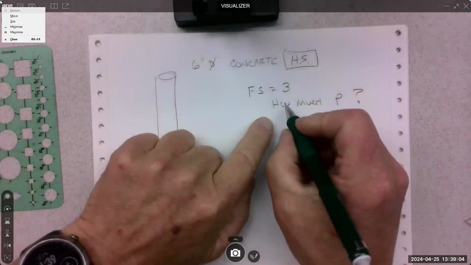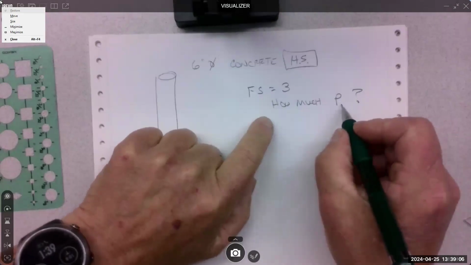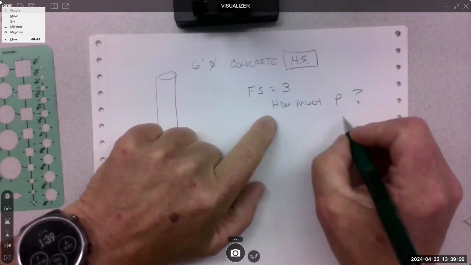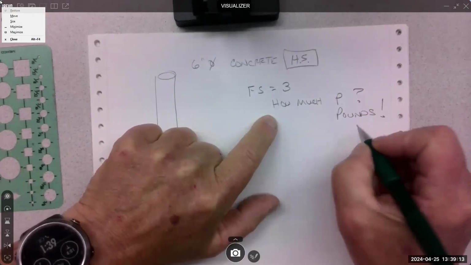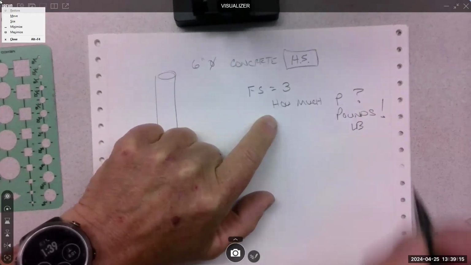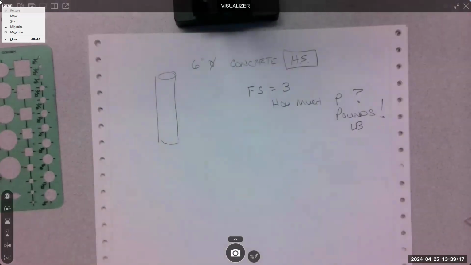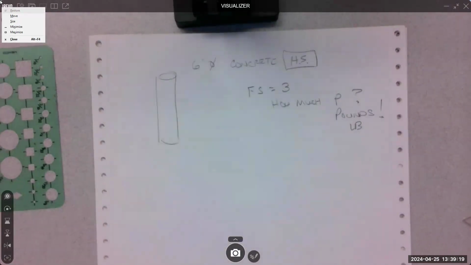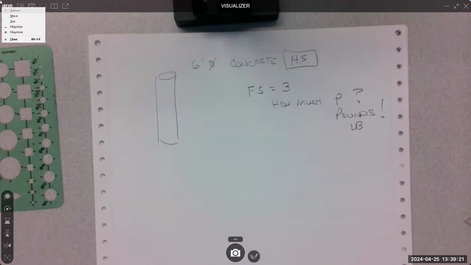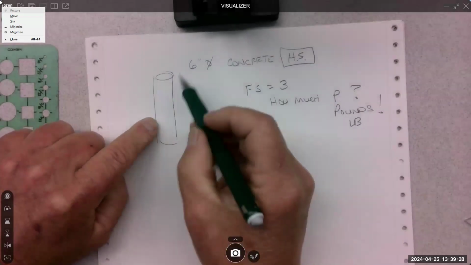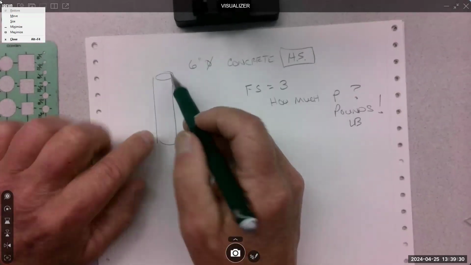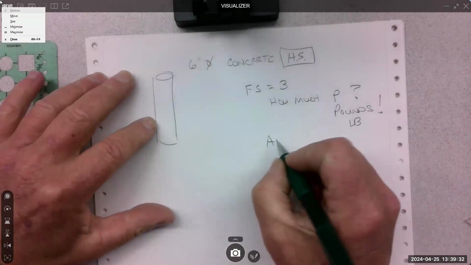Like if it says how much load, how much P, really they want to know how many pounds. So it's good to write that's what we want to know is pounds. If it said how much stress is on it, then it would be pounds per square inch or PSI, right?